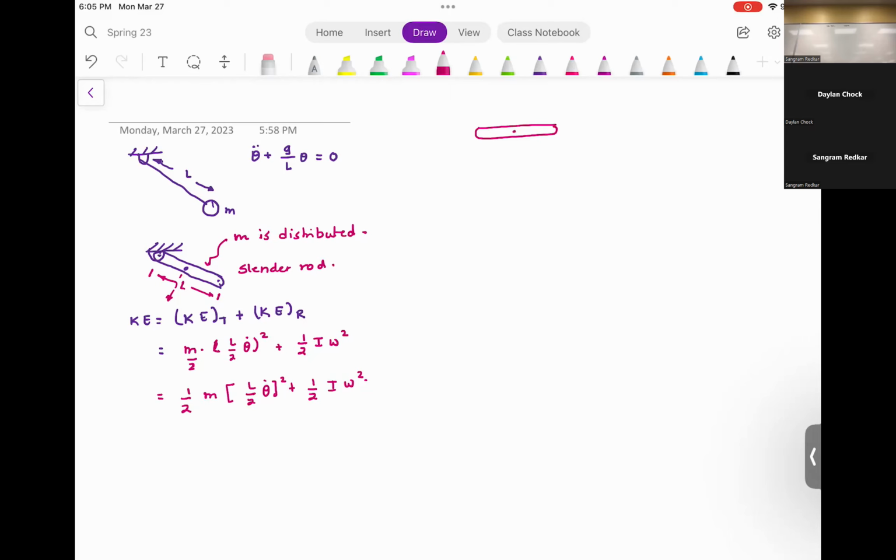If you consider this slender rod, the masses are distributed along the length. So what we want to do is find m r square, and you integrate this, and what you get is the mass moment of inertia.